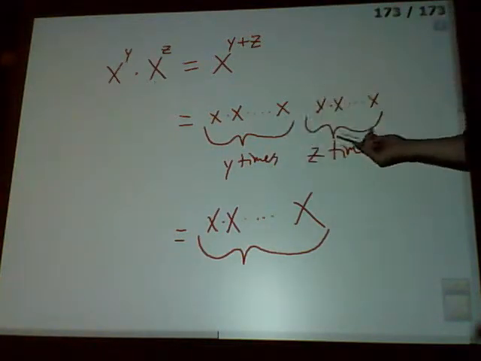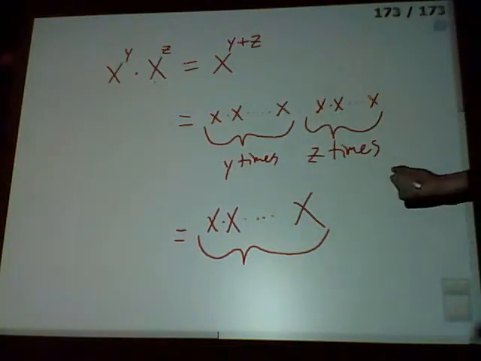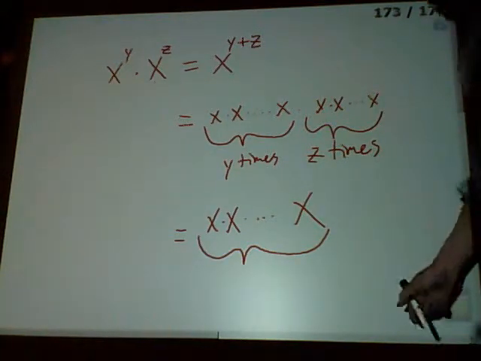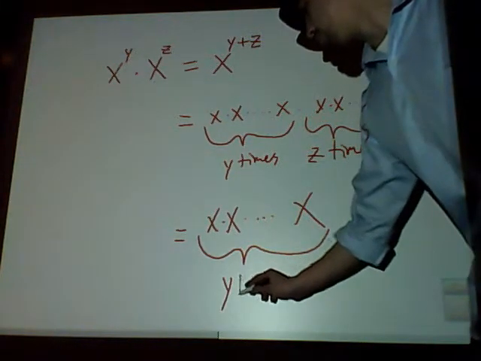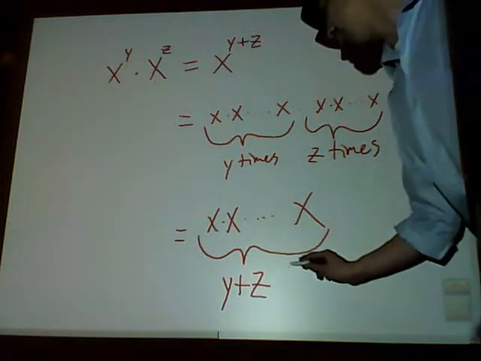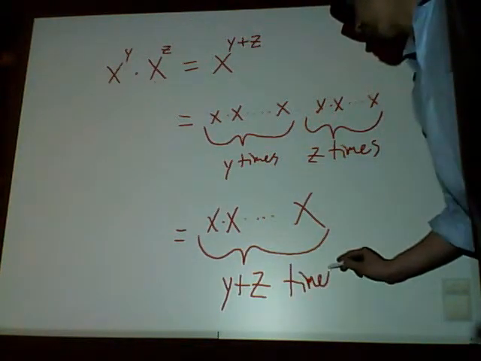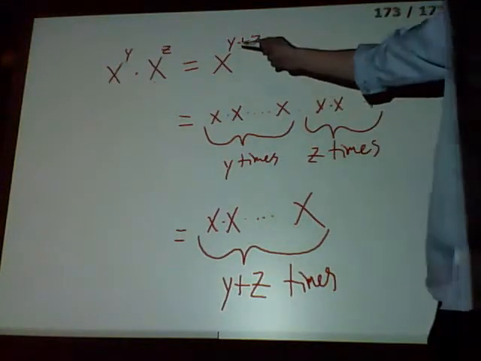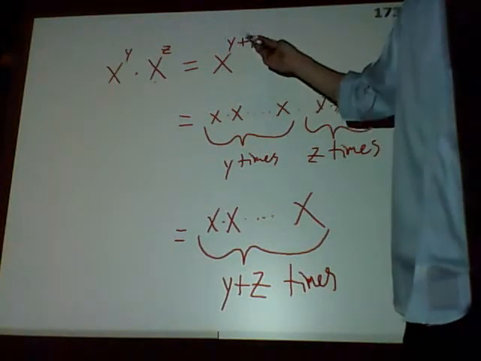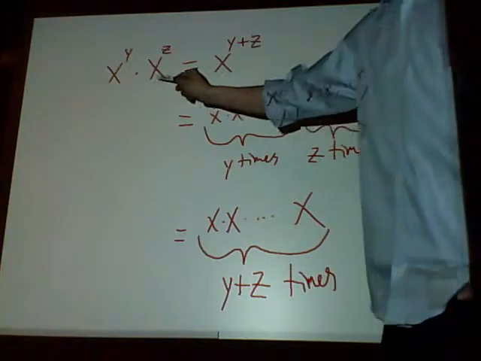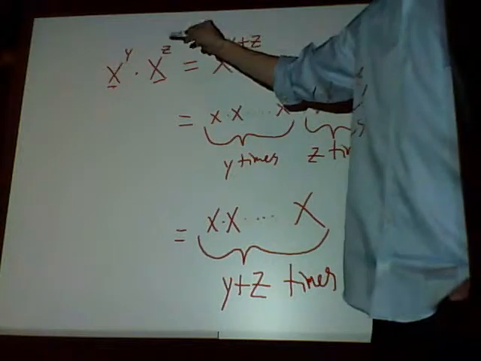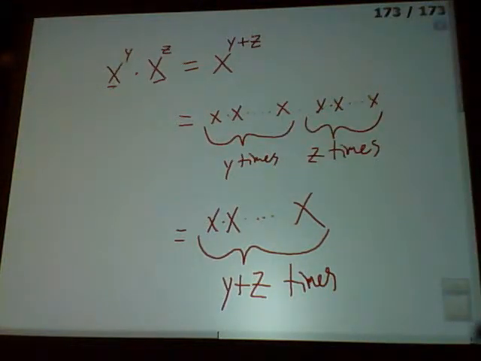Well, I did it y times and then I did it z times. So we combined them, and all we're doing is counting. If we did it y times and z times, then what we have is y plus z times. That's how many times we multiplied x. So that's why we're just going to use this formula: x to the y plus z when you have common bases. When the bases are the same, you can just add the exponents to simplify it.